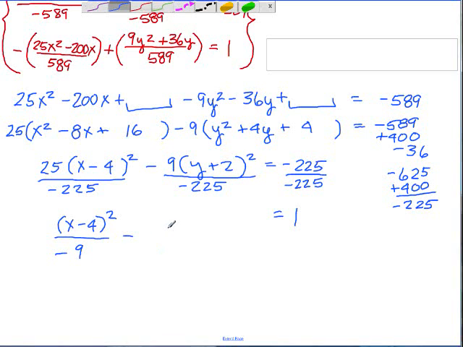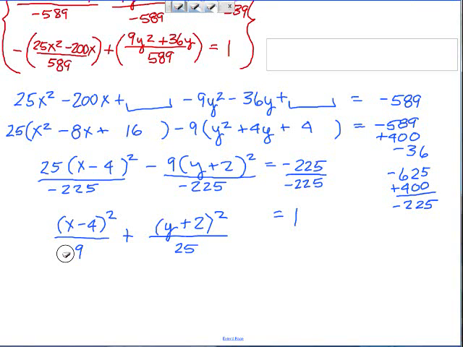And then I've got up here y plus 2 squared, and if I divide, oh, this is going to become positive, and I'll have 25. So I think what I should do is move this negative from right here to here. Now what does this tell me about how this thing is going to graph?